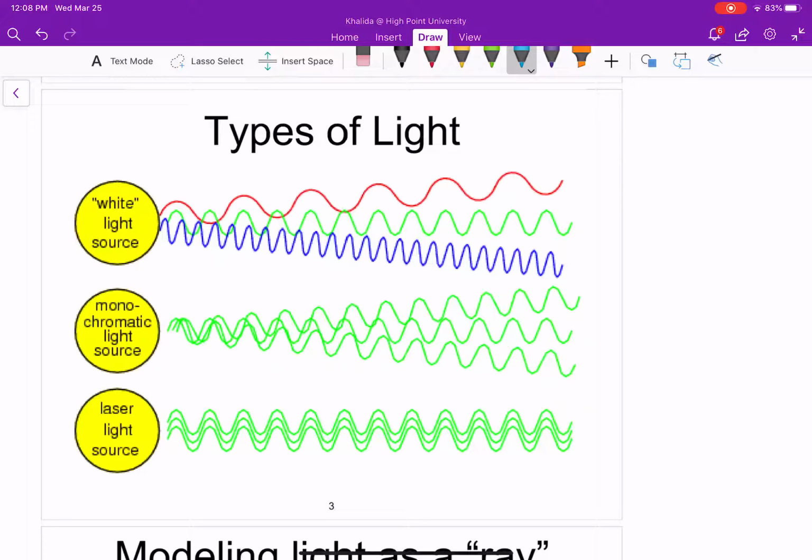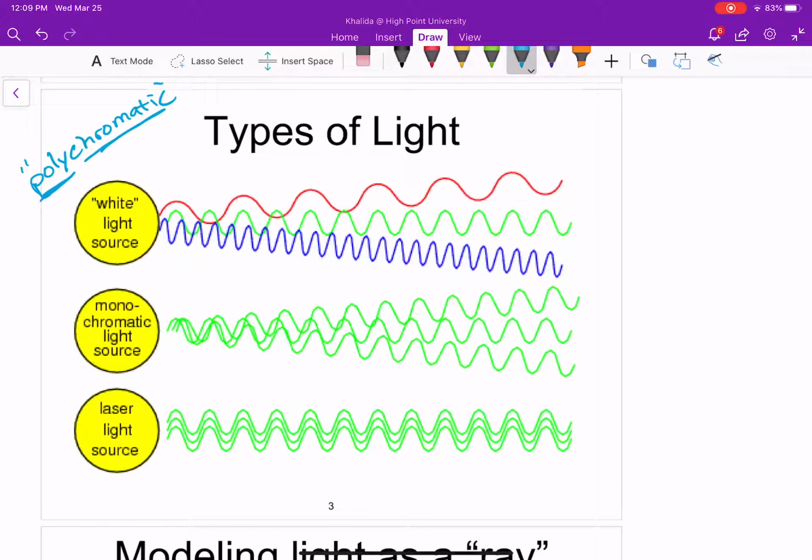But in practice, if we have any combination of many different wavelengths so that it's approximately even across the board, we call that white light. Another word that we have for it is polychromatic light. And polychromatic just means poly, which is many, and chromatic, which is colors. So it has many different wavelengths.